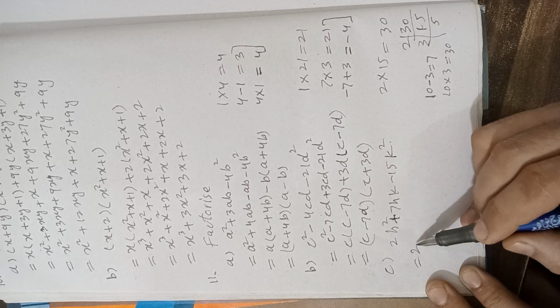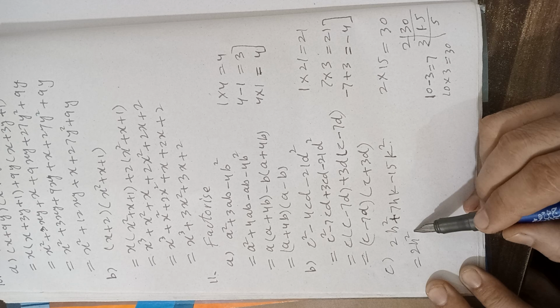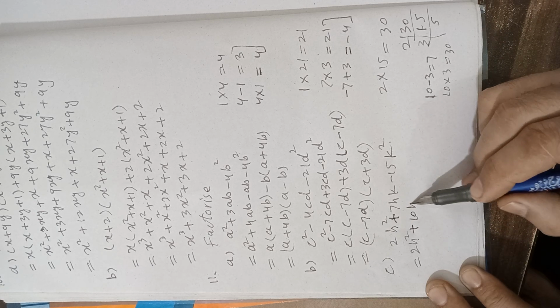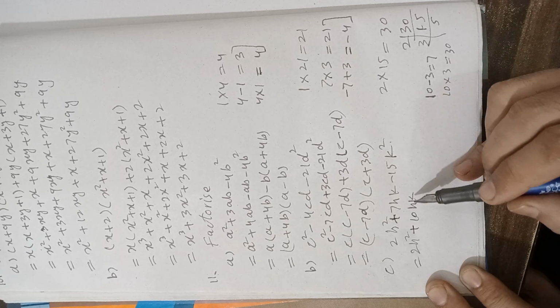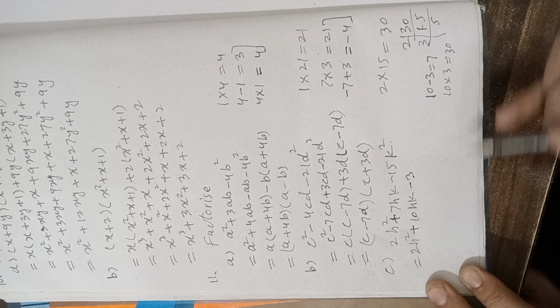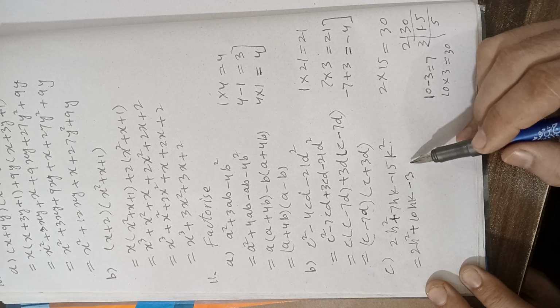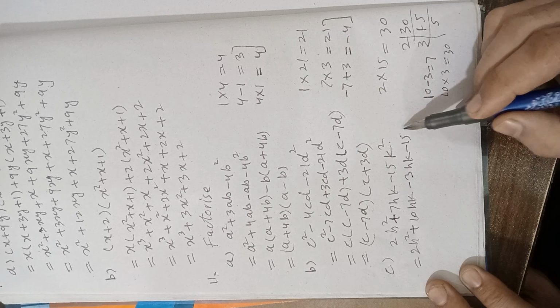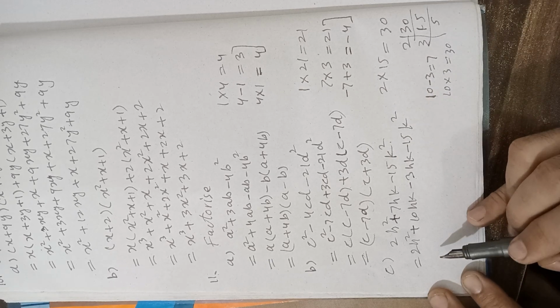So write 2h square here again and plus 10hk from this 10hk and then minus 3 of this hk, then minus 15k square.